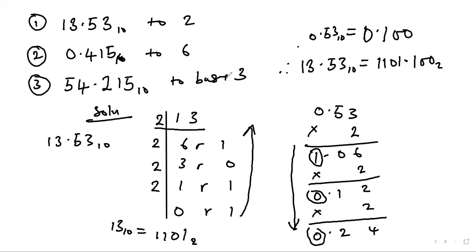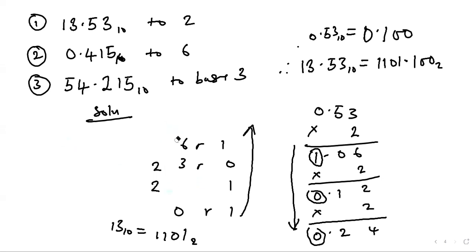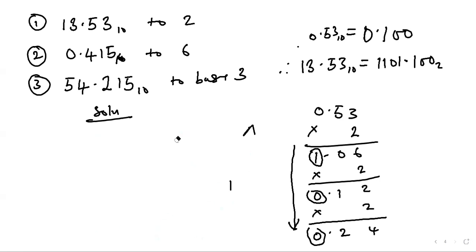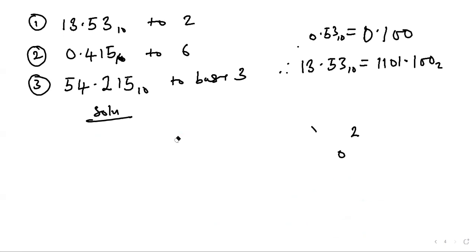So let me do number 2. Number 2 is 0.415. It has no whole number part.